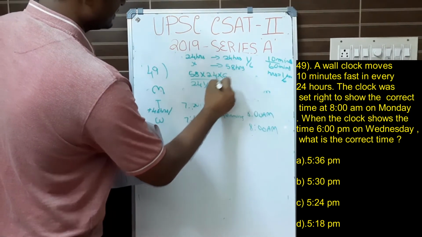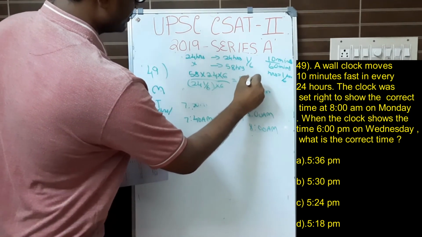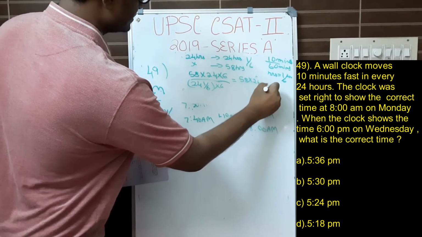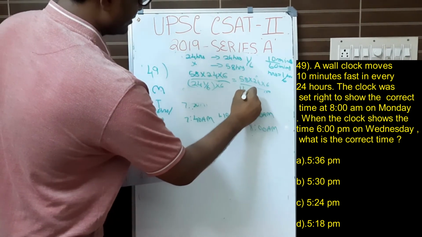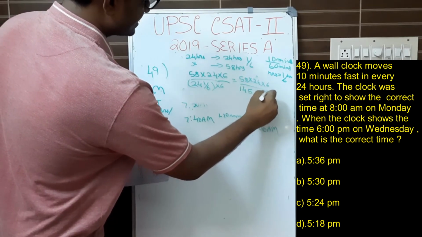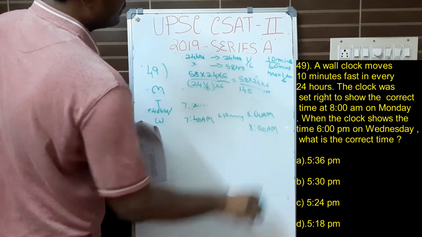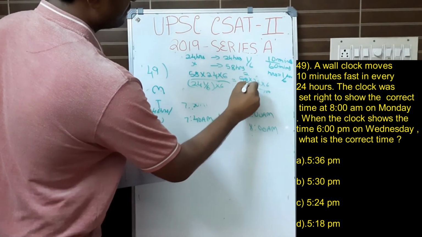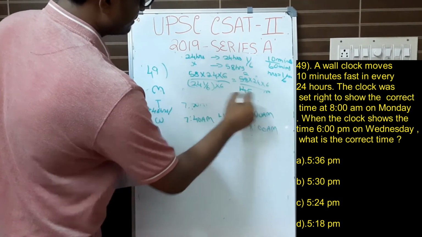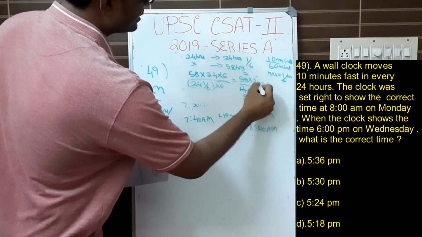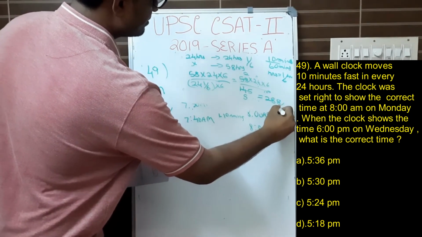So you will have 58 into 24 into 6 over 145, since 24 into 6 is 144, plus 1 is 145. 58 is 29 into 2, 145 is 29 into 5, so we have 2 by 5 here. So you will get 2 into 24, 48 into 6, that is 288 by 5.